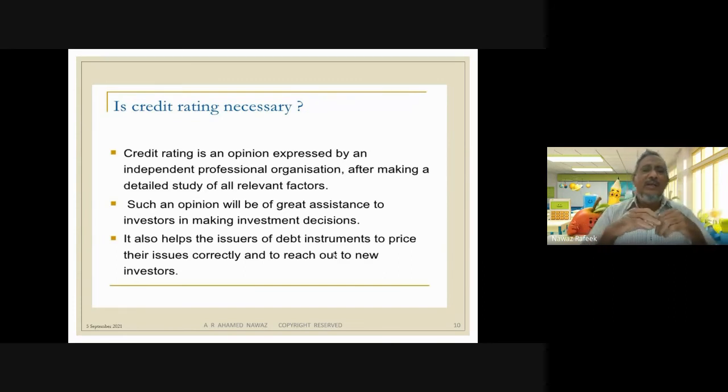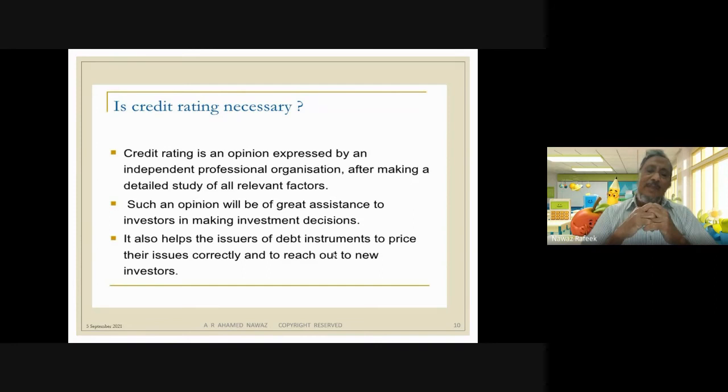If a higher rating is given by the rating agencies, then the share prices and the debenture prices can be put into the market at a premium, and they reach out to new investors to invest in that company. So the new investors have confidence in the rating agency and buy this instrument.